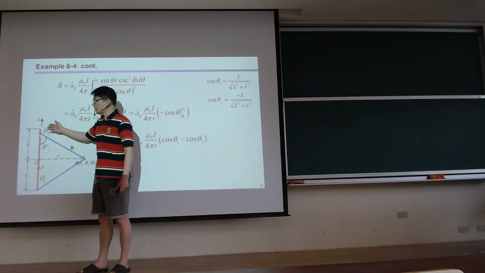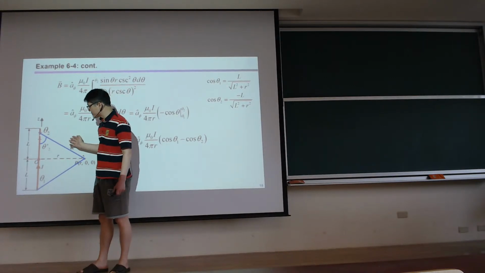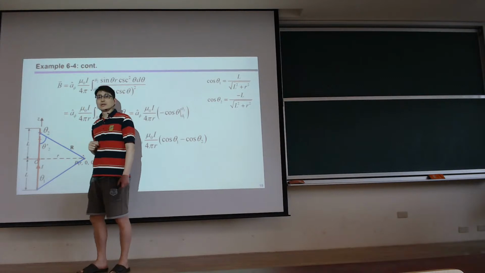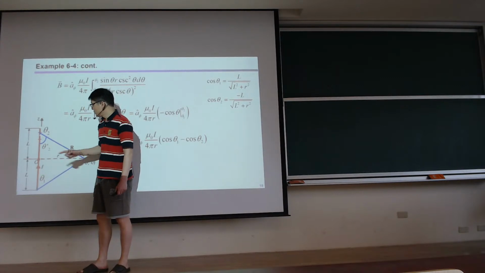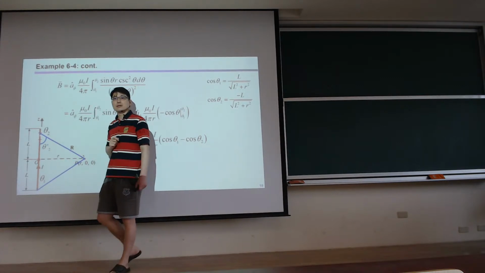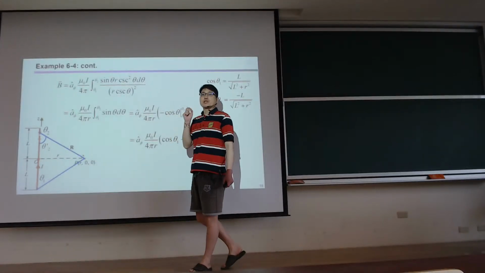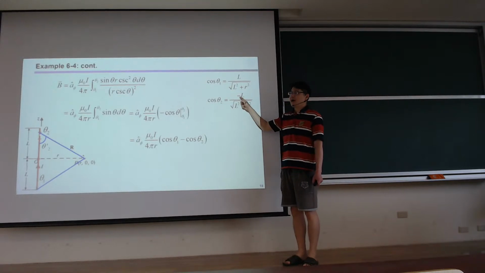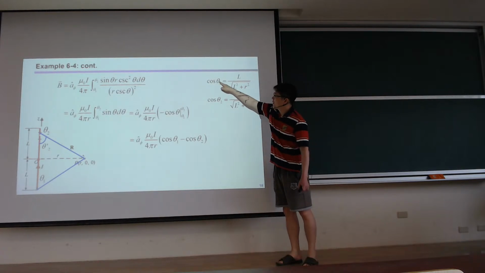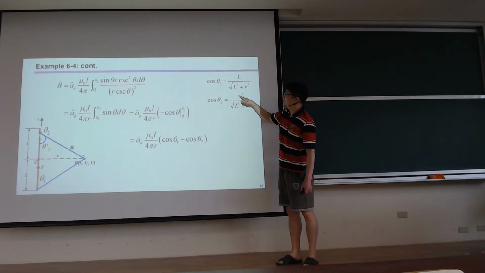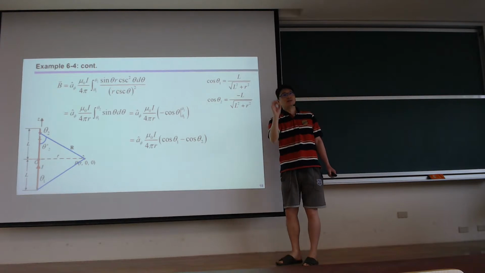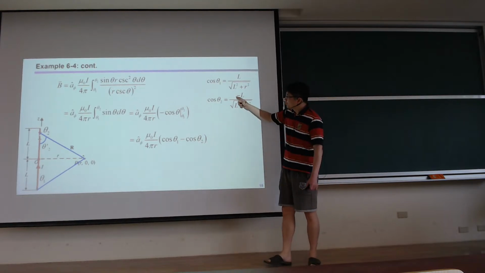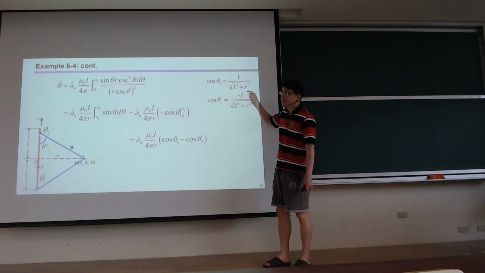You think, well, you have an angle, and if you take the cosine using this triangle, it's L divided by this piece. But to be correct, your cosine theta 2 has to be a negative value. If you take it positive, cosine theta 1 minus cosine theta 2, you have 0.